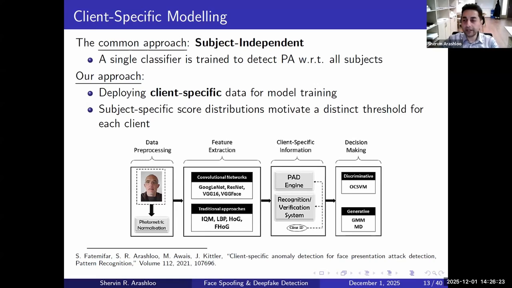So this modeling formalism completely ignores any subject-specific information; the differences or the characteristics of my face with respect to any other user of the system are not explicitly modeled. Our second contribution was to propose to train a separate detector for each subject.